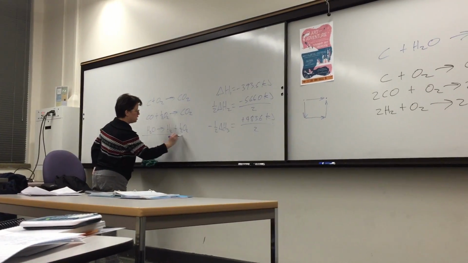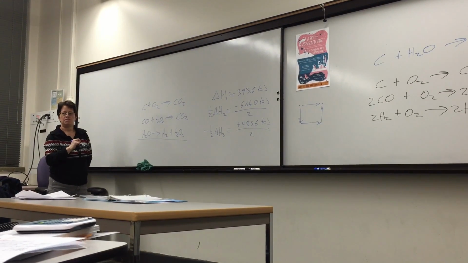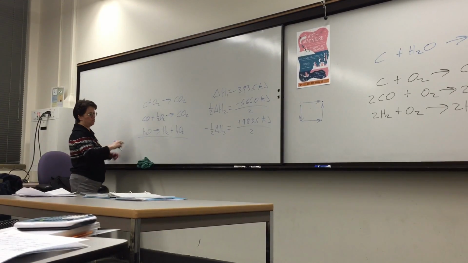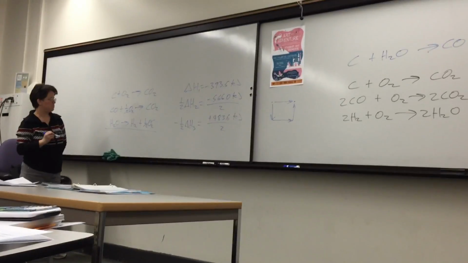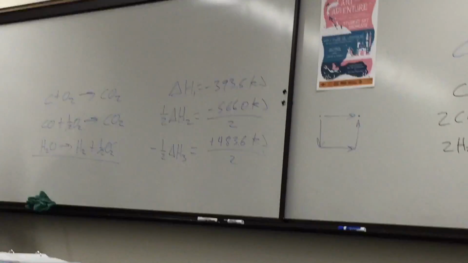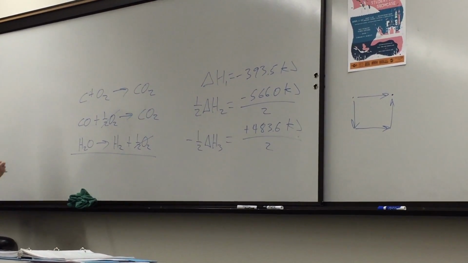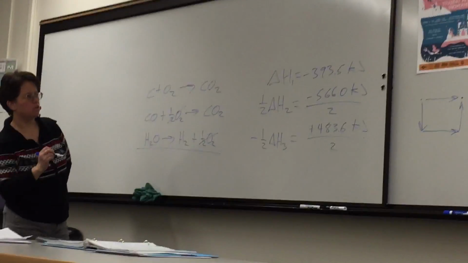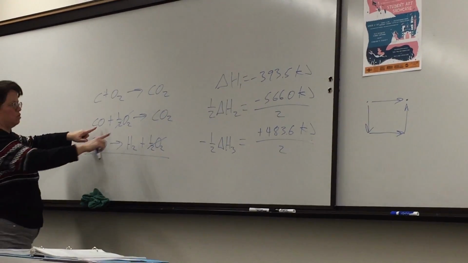Okay, so let's look at this. What can cancel? The half oxygens. The 1/2 oxygen here and 1/2 oxygen here can cancel. What else? Do we have anything else that can cancel? No, I don't think so. Did I write everything correctly? Don't you need to reverse the second one as well?